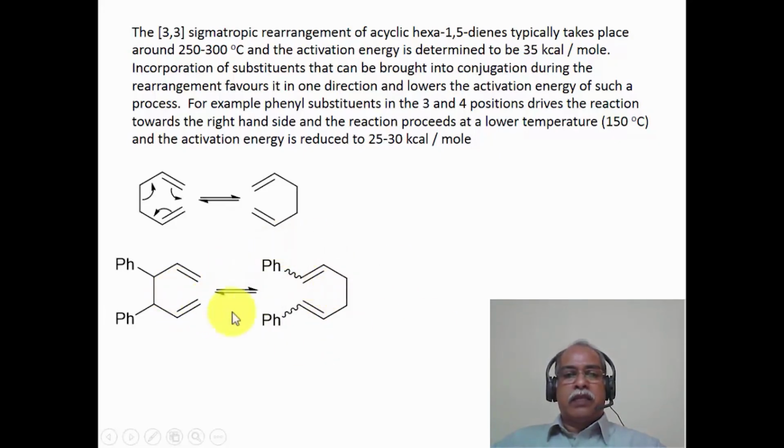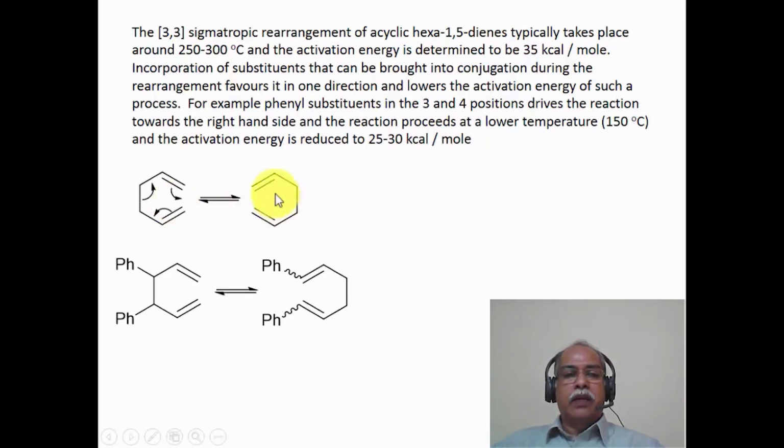When such a facility exists, the activation energy comes down to about 20 to 30 kilocalories per mole, and the temperature of the reaction is also lowered to about 150. So this particular unsubstituted hexadiene undergoes rearrangement around 300 degrees or so, whereas the substituted diphenyl derivative undergoes rearrangement at a much lower temperature of 150 degrees.